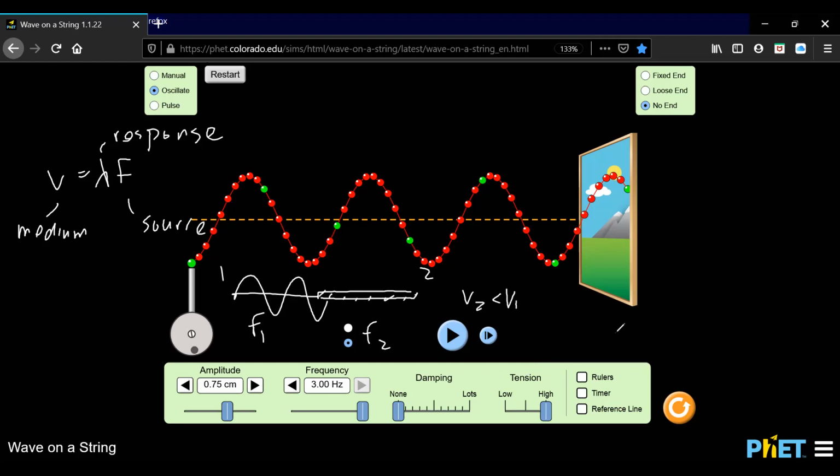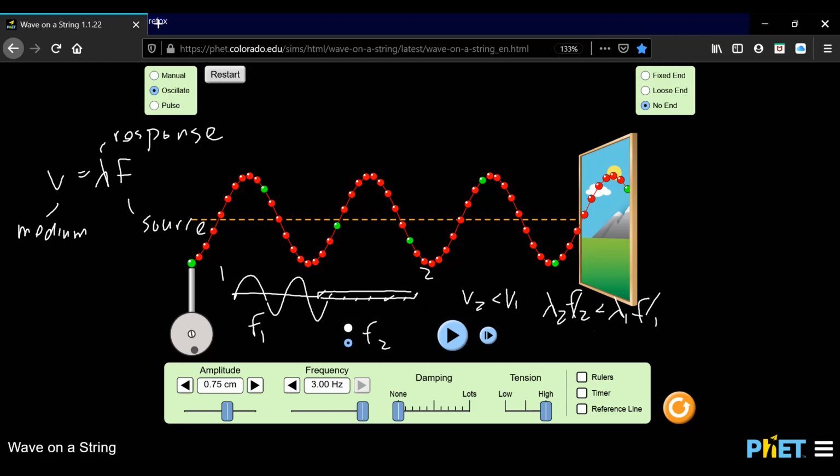More on that in a minute. And so if lambda 2 F2 is less than lambda 1 F1, and the frequencies are equal, then the wavelength is smaller.